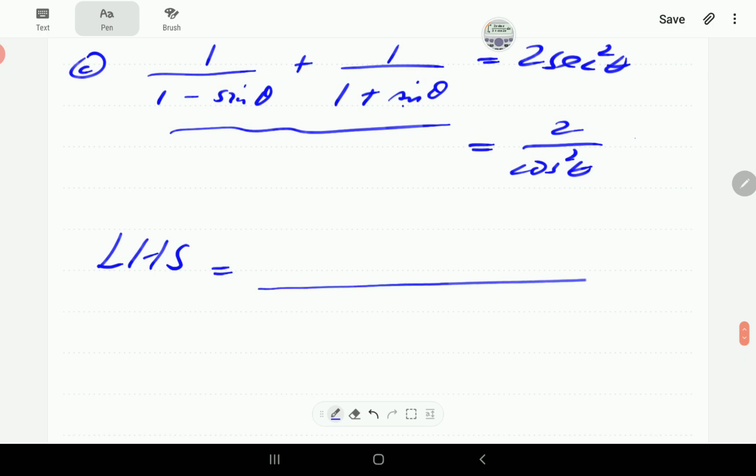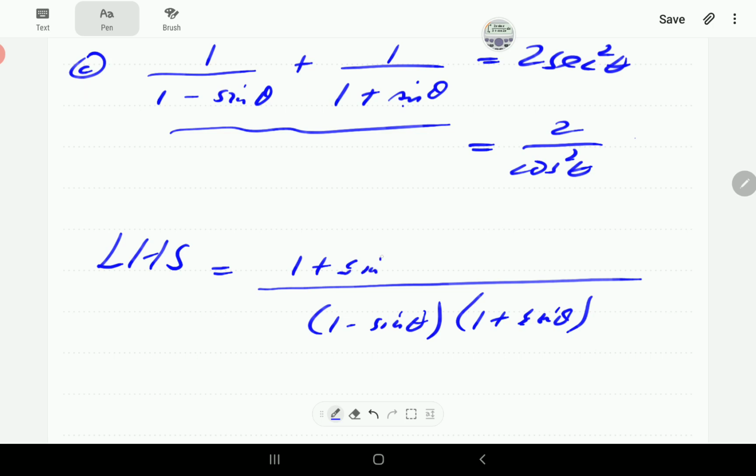We've got two fractions again, the LCM is going to be 1 minus sine theta, 1 plus sine theta. 1 minus sine theta is going to go here, 1 plus sine theta times, so 1 plus sine theta there.